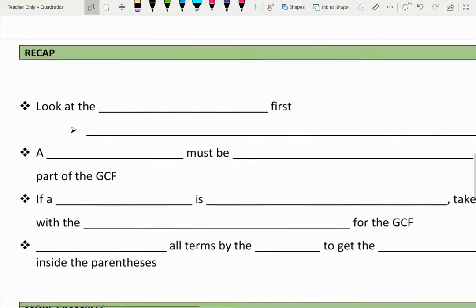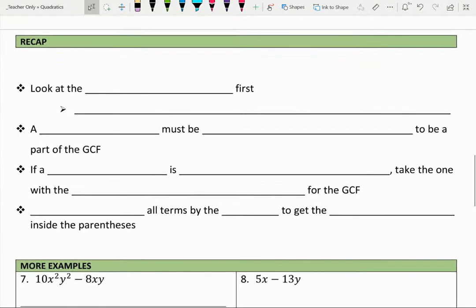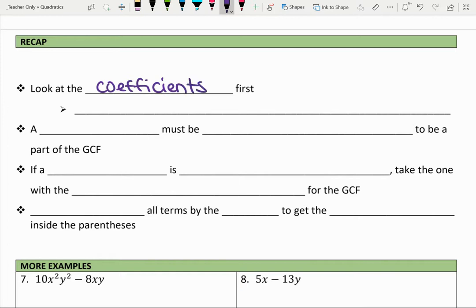So let's do just a quick recap, because I know it's helpful to have a roadmap here. If we are factoring using the greatest common factor, I would look at the coefficients first, right? The numerical part of that, and identify their greatest common factor.